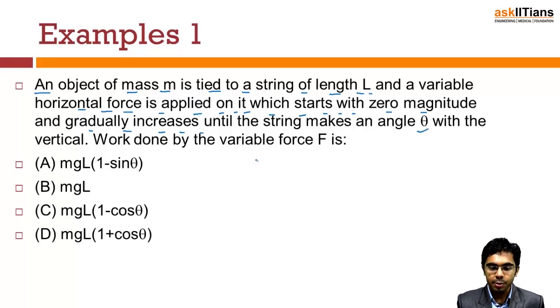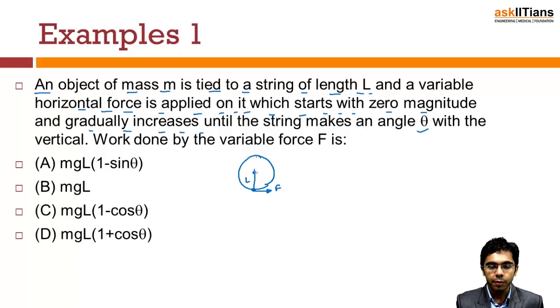Like the situation we have discussed: this is the circle, and this is the string. This bob of mass m is tied to a string of length L. It is acted upon by the horizontal force, and this force will be variable, so it depends upon the angle theta.